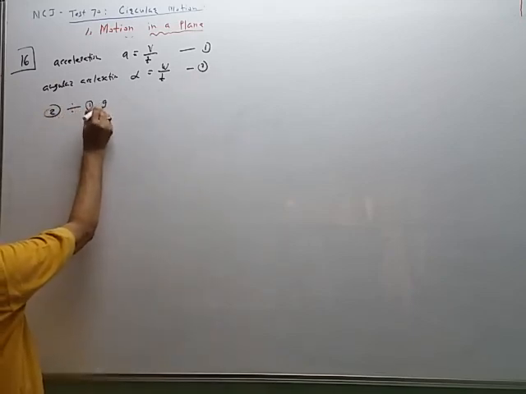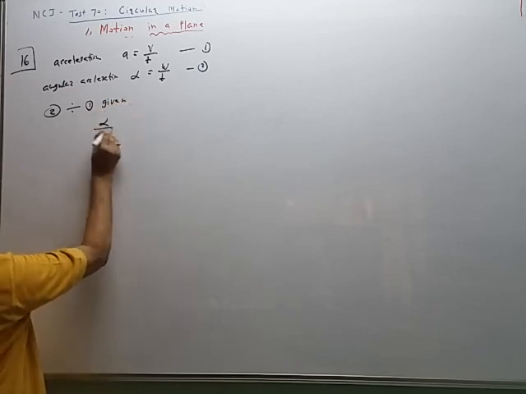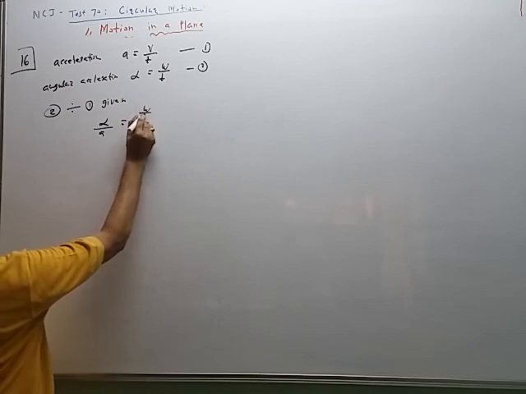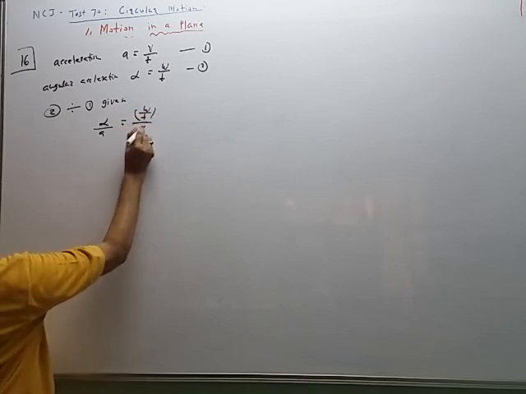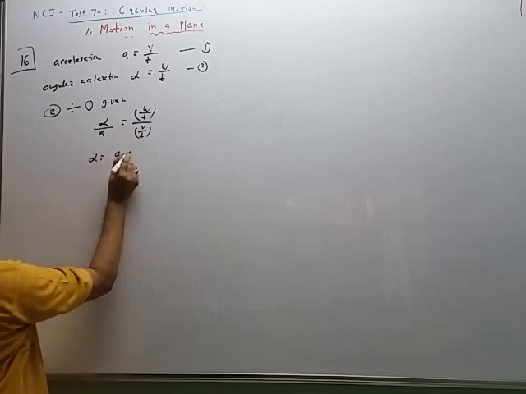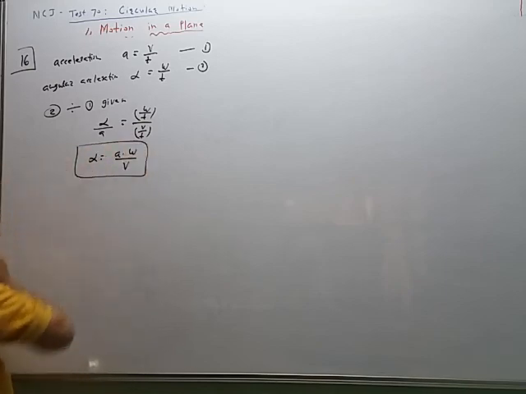2 by 1 gives the relation for alpha. Therefore, we will divide 2 by 1. So this is equal to omega by t upon v by t. t will get cancelled, and therefore alpha is equal to a into omega by v. Alpha is equal to this much.